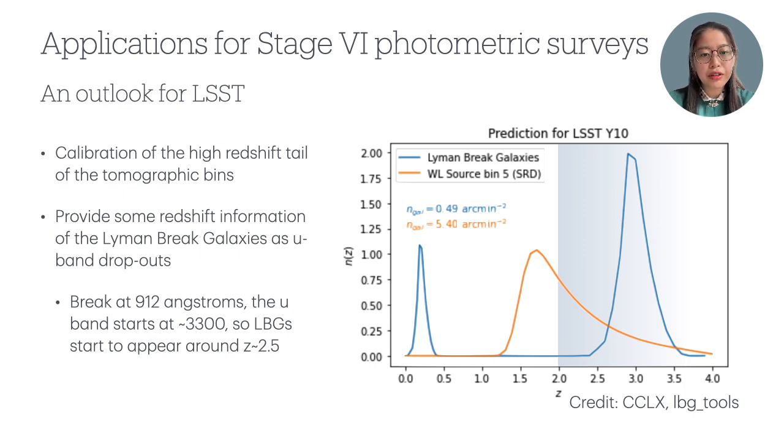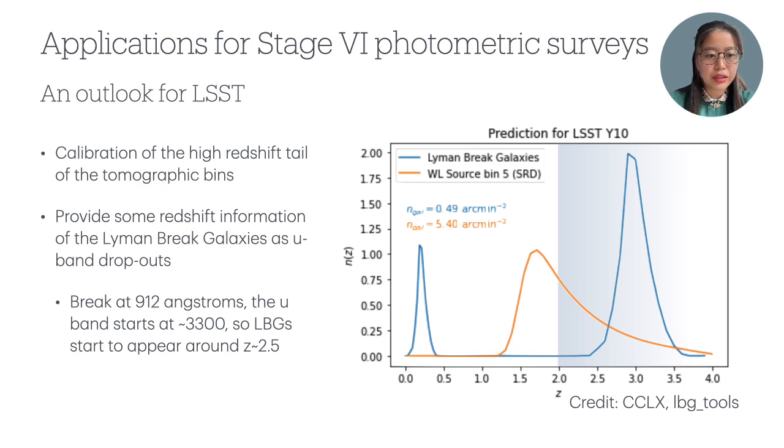So here I show the scenario for the LSST year 10 datasets. The orange curve shows you the highest source bin in the weak lensing analysis. And you can see about a third of the sample lives beyond redshift 2, where you will find it very hard to find conventional spectroscopic surveys to cross-correlate with. But Lyman-Alpha will give you a very decent coverage.